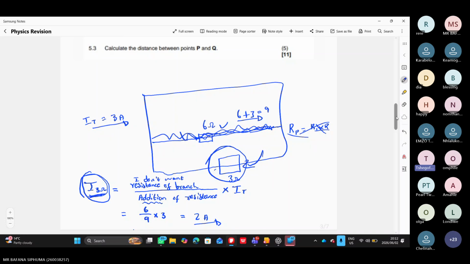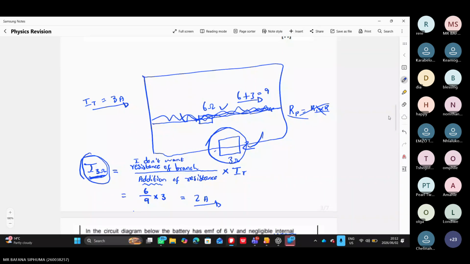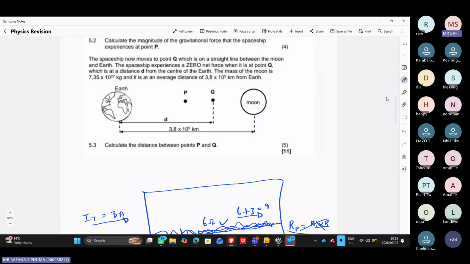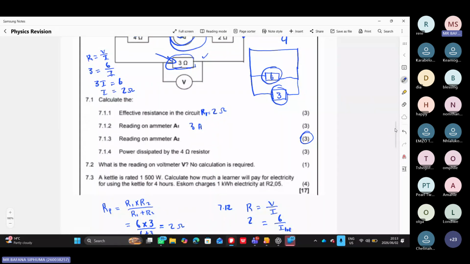Yes, I do. So, are we allowed to use that formula if we have a cell? No, you don't apply it on the series. You apply it on the parallel branch, especially when you have voltage and internal resistance, because it's going to be difficult for you. You will find the question having only 3 marks like this.